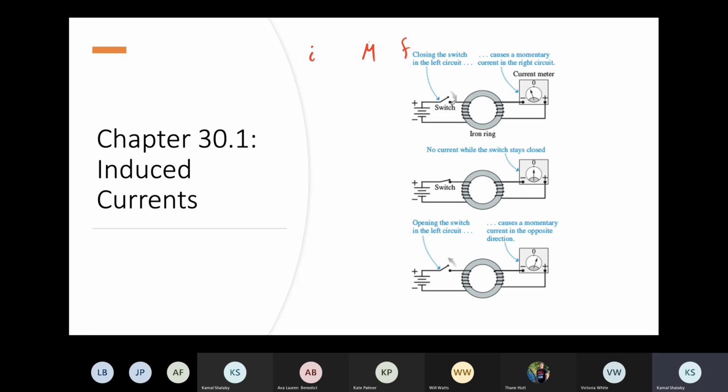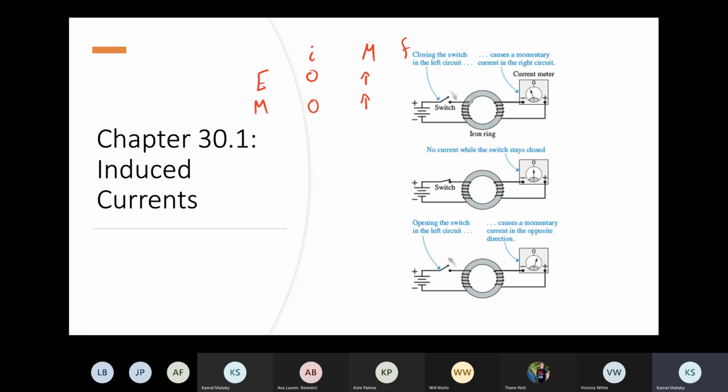In the beginning, before you close the switch, this is your electric field, this is your magnetic field. You had no electric field and no magnetic field. But as you close the switch, your electric field will increase. And that change in electric field will make your magnetic field also increase.